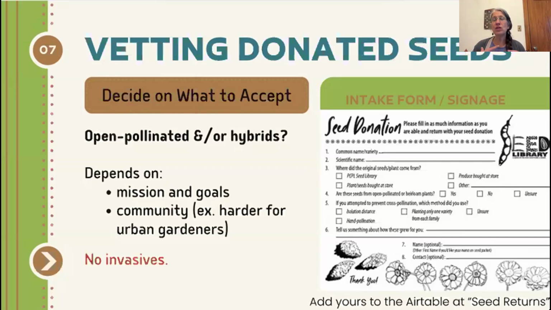And then, thinking about how you want to take those seeds in, I'm going to show you a couple of examples of intake forms. We don't have an intake form, mostly because we know most of our growers, but every now and then we get stuff that we don't know, and then we decide from that list I showed you about embracing diversity: is this very likely as labeled?